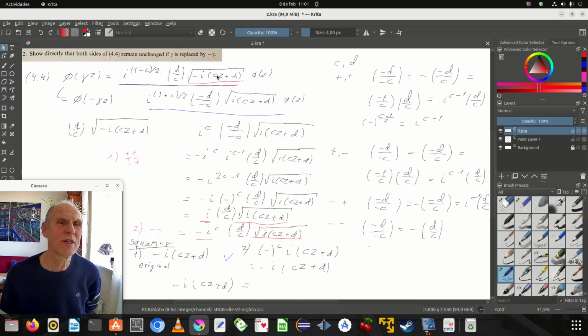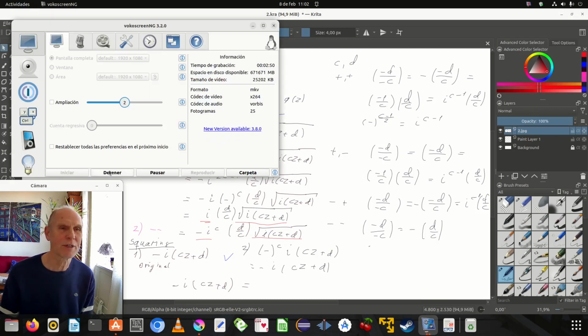And here, if c is positive, then this is in H, meaning this has negative real part. So the square root goes different ways depending on the cut, on the imaginary part being positive or negative. Oh, right. That's a little... I'll just do that on another sheet of paper.